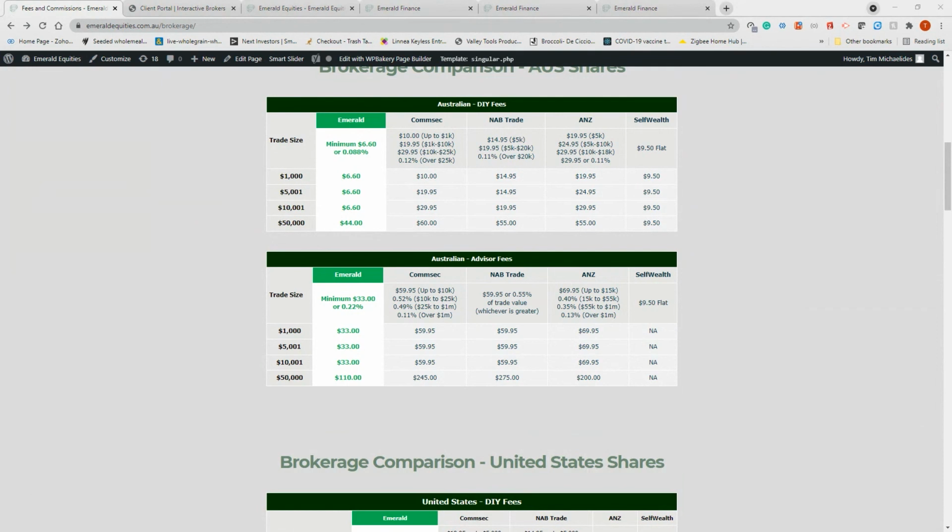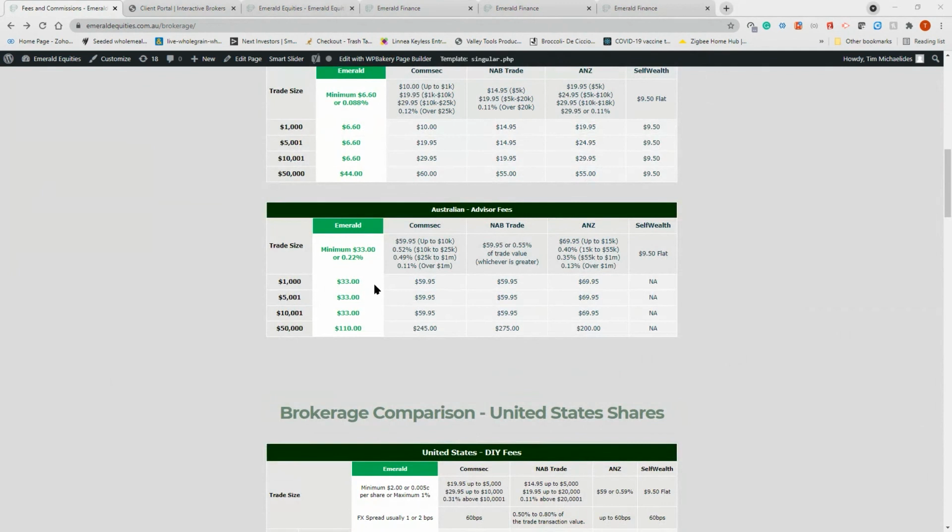It's really good for people that are busy or beginners into the market. There's no advice attached to this. It is purely a transaction into the market. That's what the advisor fees are for. For Australian, it's $33 or 0.22%, whichever's greater.